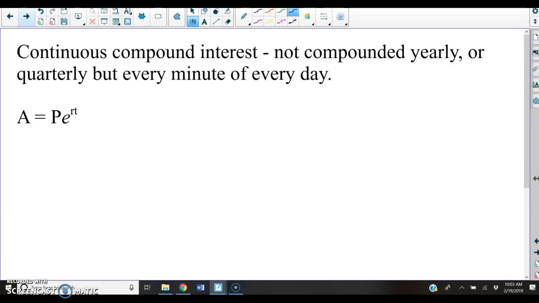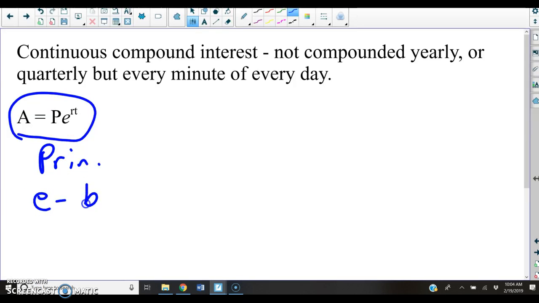Continuous compound interest is something I wish more banks would use because it's easy. Look how nice of a little formula that is. We call it PERT. P stands for the principal, how much is invested. E is your base, that irrational number.